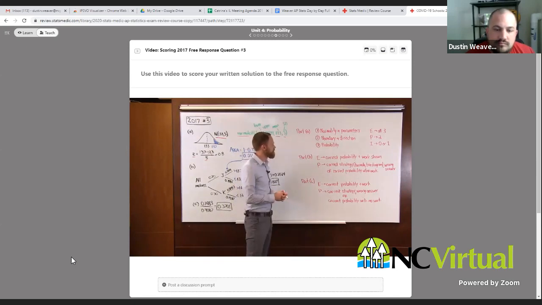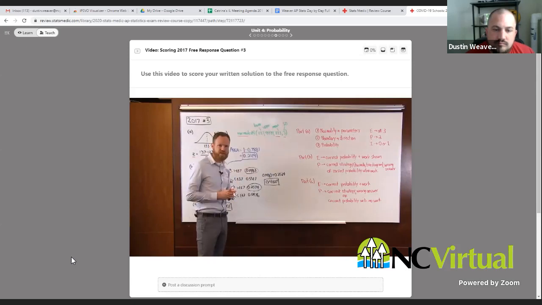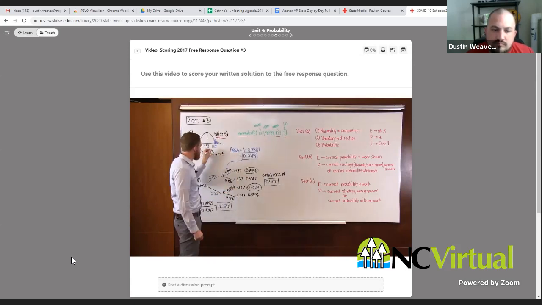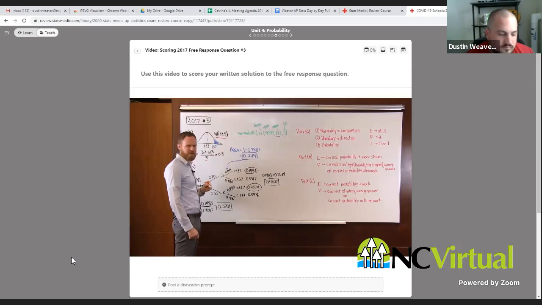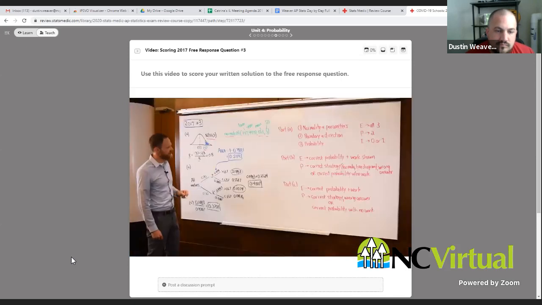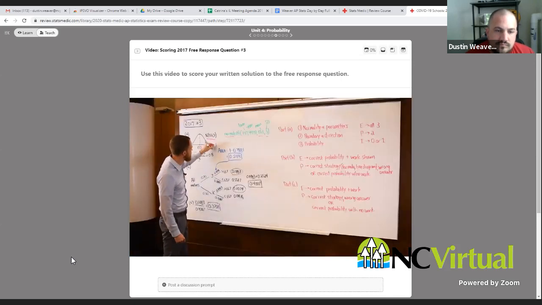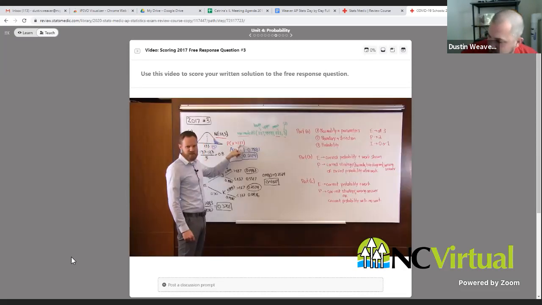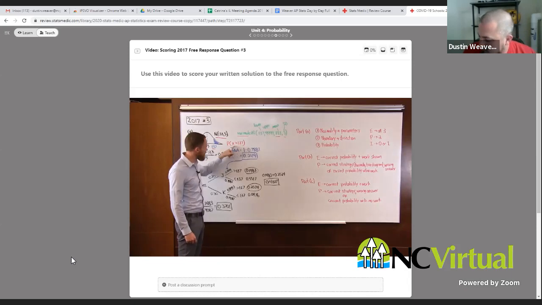Now, for component 2, you have to establish the boundary value and the direction. And there's a couple of different ways that you can arrive at this. First of all, if you have a picture, you have established your boundary value here, and then you've also established the direction by the shading here. Another way that you could establish the direction is using a probability statement. If you said the probability that x is greater than 137, there you have established your boundary value as well as the direction.